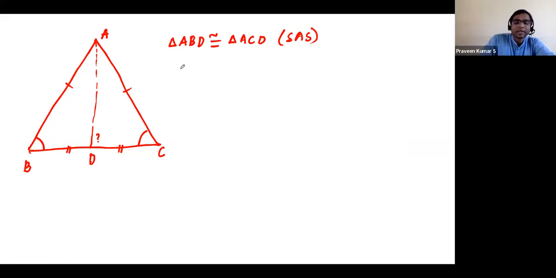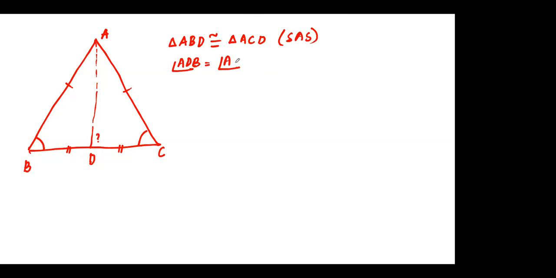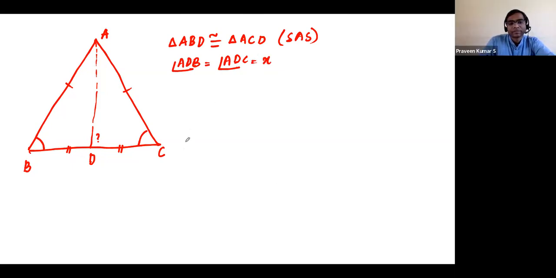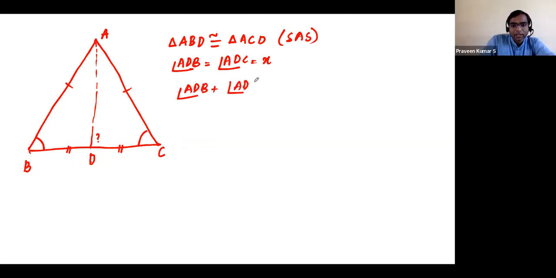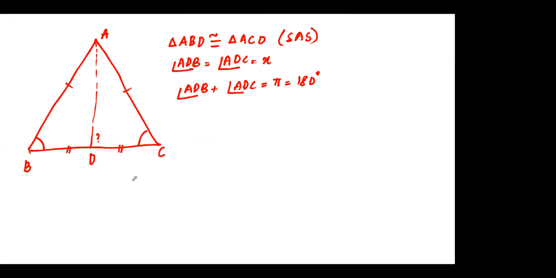So the moment you say this, can I now say angle ADB will be equal to angle ADC? Yes, sir. So let's say this is equal to X. You also know that angle ADB plus angle ADC is equal to pi, or nothing but 180 degree. Yes, sir.